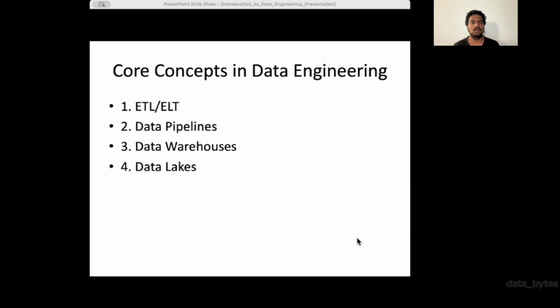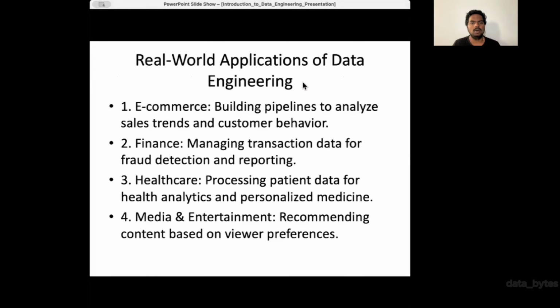Now, moving on to the next topic, some real world applications in data engineering. So here I have mentioned a few real world applications like e-commerce, finance, healthcare, and media and entertainment.